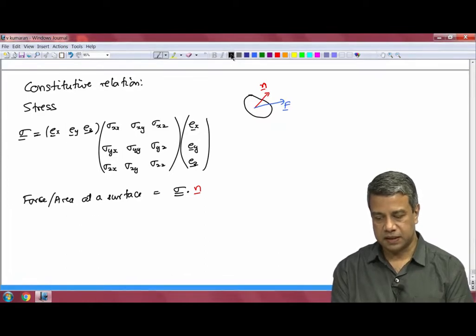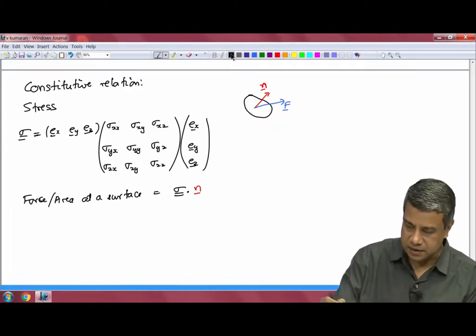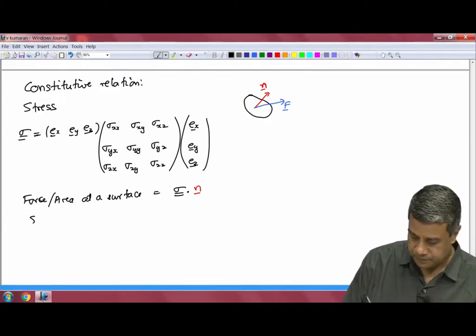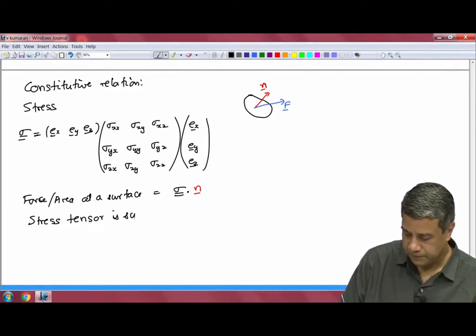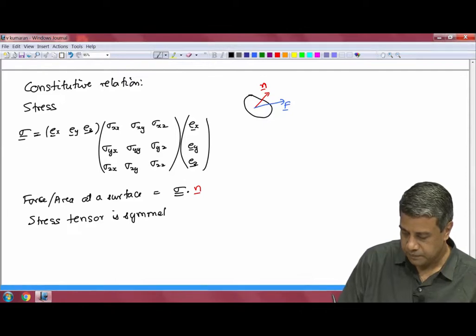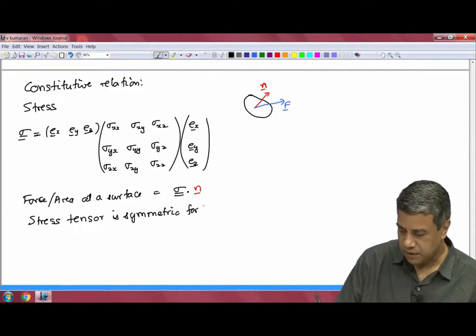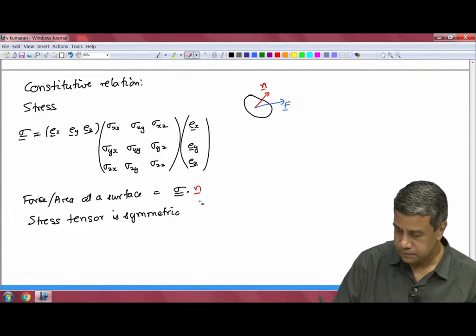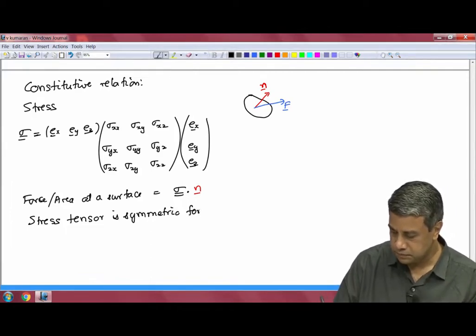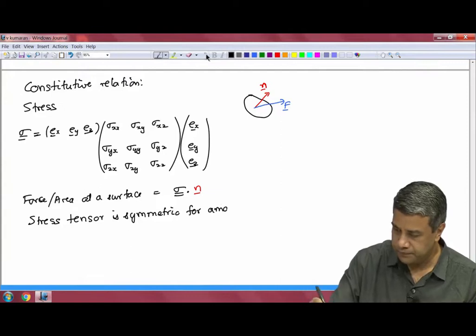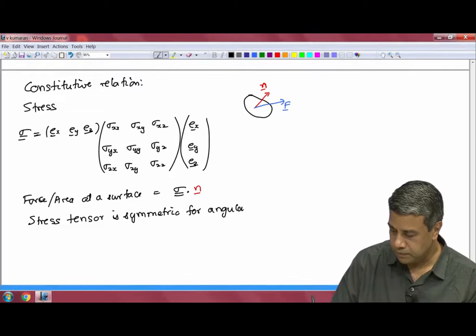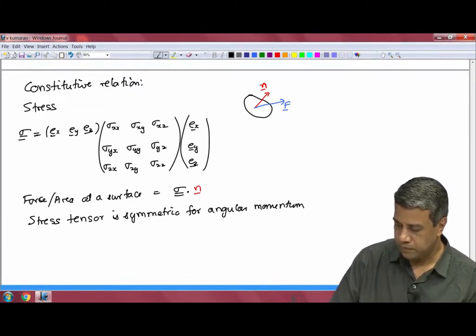We had seen that the stress has to be symmetric for angular momentum balance.